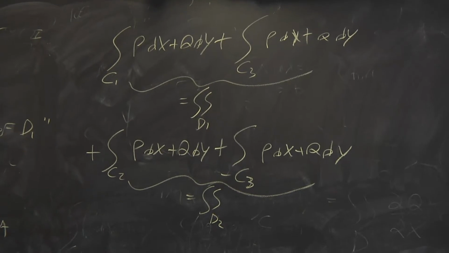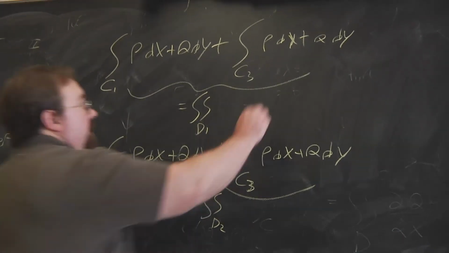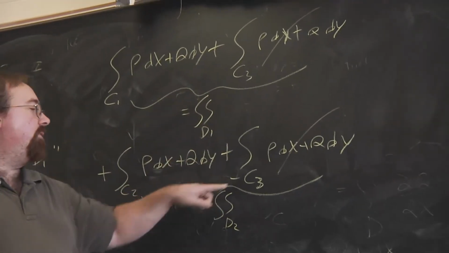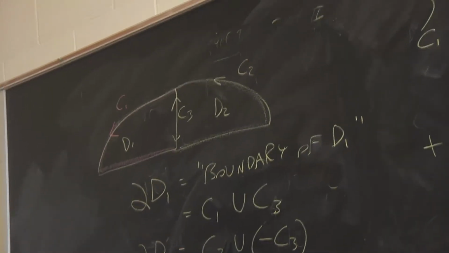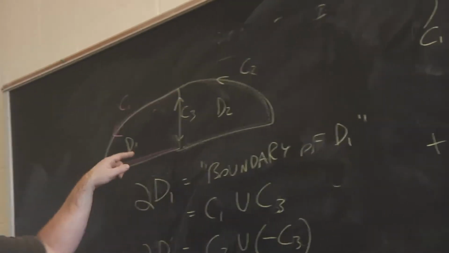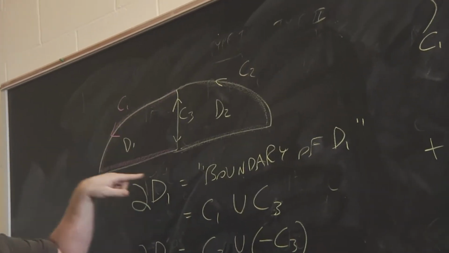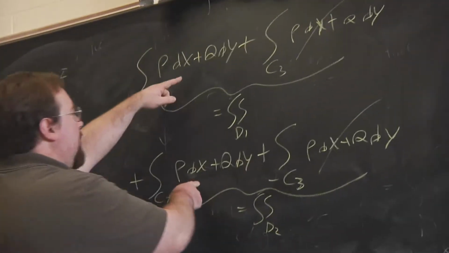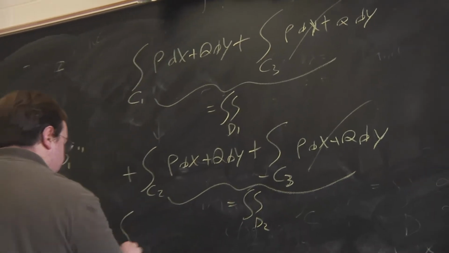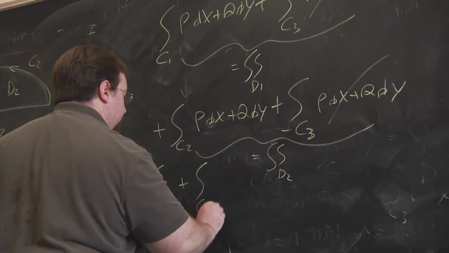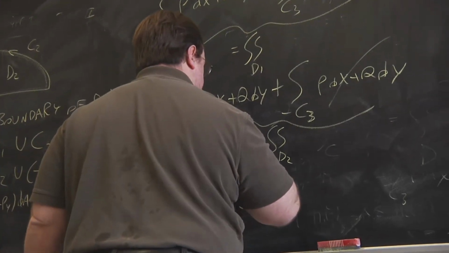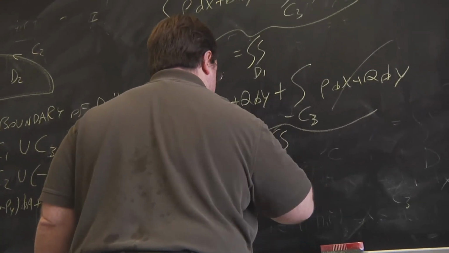Okay. Well, when you put these two together, these are going to cancel. Yay. Because we have C3 and minus C3. So the integrals over these are just going to cancel out. That's what's always going to happen when you have a shared boundary and you're keeping that counterclockwise orientation on each subdomain. So all you got left is this. So you get the integral over C1 plus the integral over C2 is the integral over C of p dx plus q dy.